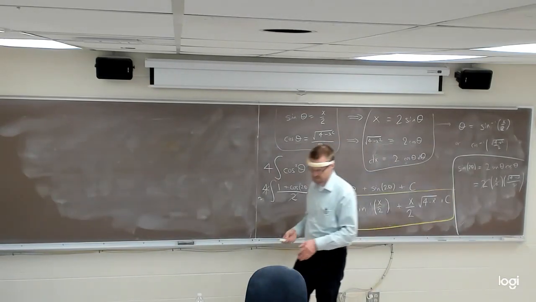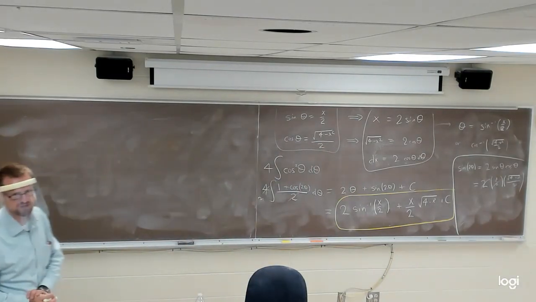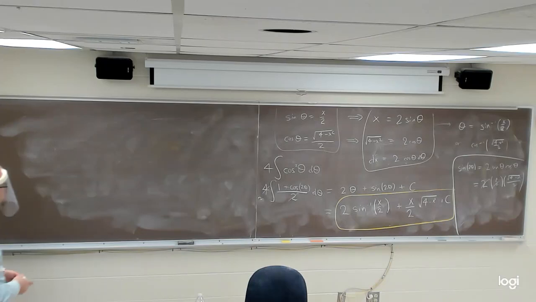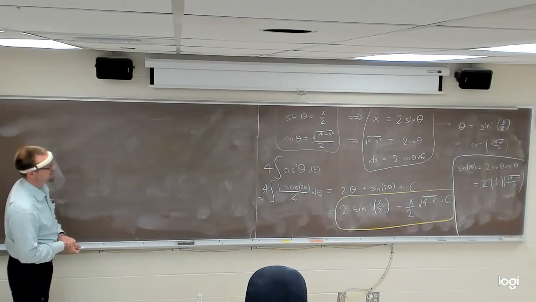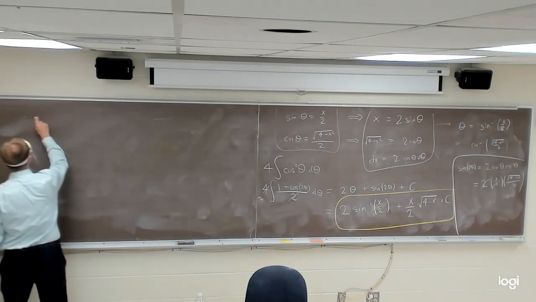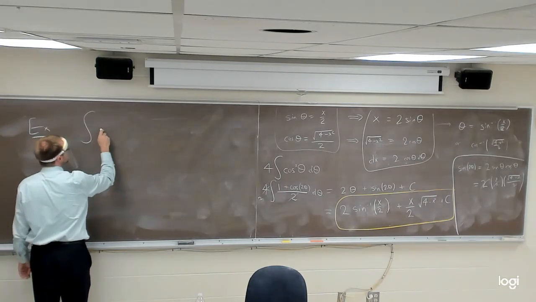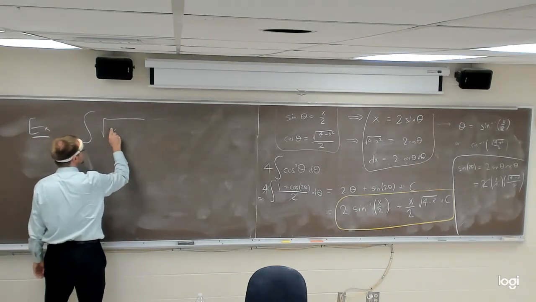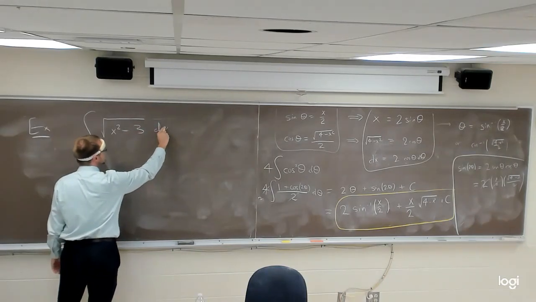What if we turned it around and had x squared minus 4? It should be similar. Maybe. Actually, I'll mix it up, throw one of our curveballs in, because we've got to multi-purpose our examples here. What if I had the integral of square root x squared minus 3 dx?